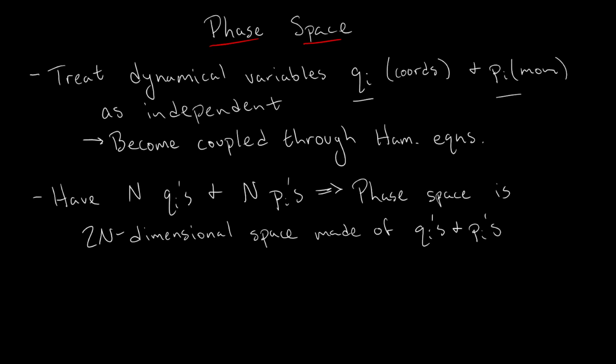It's 2n-dimensional because we have n q's and n p's, and if we give one axis to each of the q's and one axis to each of the p's, we're going to end up with 2n axes. So this is going to be a 2n-dimensional space.